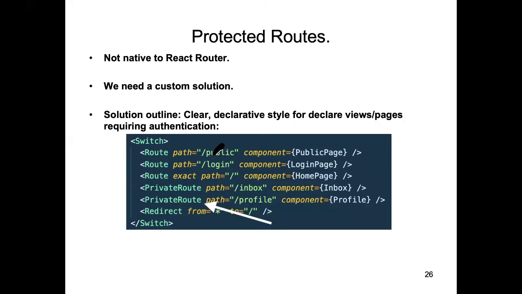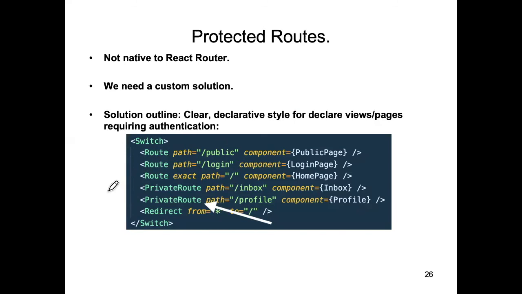Anybody can access these pages. But once you try to access this URL or this one, then they are private, and the user needs to authenticate first. So it's kind of declarative, what I'm stating here in terms of the routing aspect of this app.